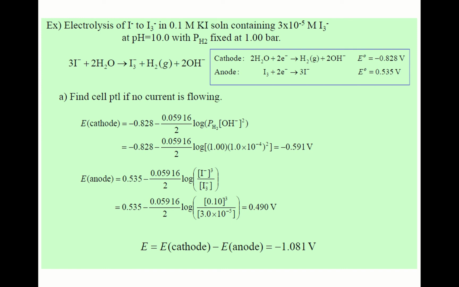let's calculate, yeah, by considering these two reactions and then applying the Nernst equation. For the cathode, we apply the Nernst equation. This is given by this one, yeah? And the hydrogen pressure is 1 bar and the hydroxide ion concentration is 10 to the minus 4, right?